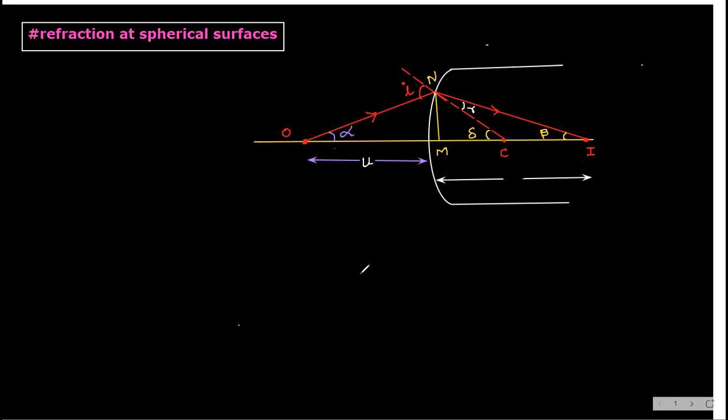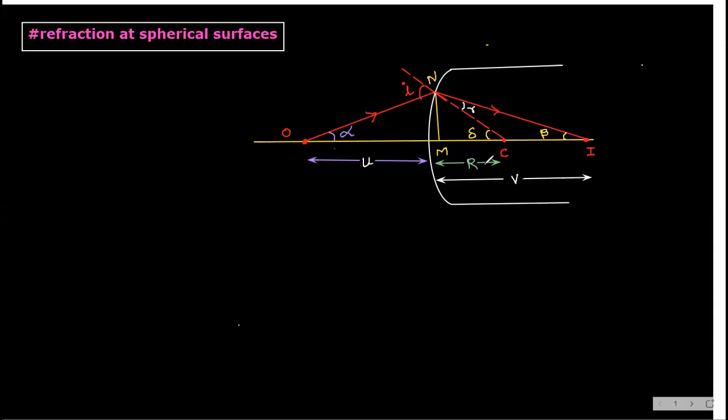If you are drawing with me, that will be good for you. This is V, and from this point to the center of curvature is the radius of curvature, so it is R. Whatever things were there, we have denoted everything. Now, how many mediums are we having? Two mediums.